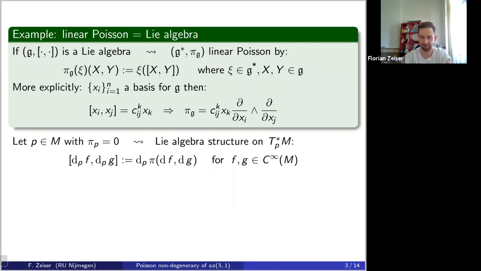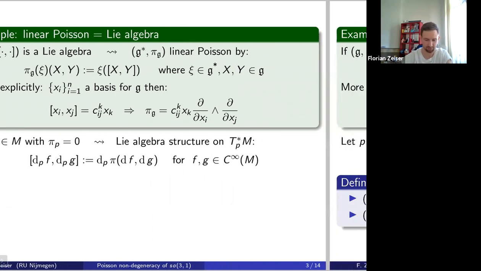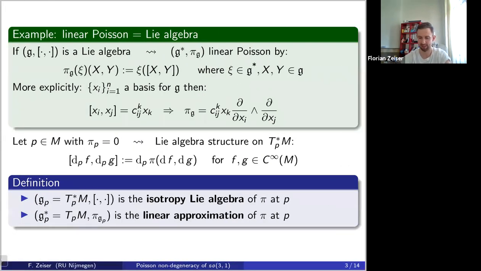It defines a Lie algebra structure on the cotangent space of that point, and this Lie algebra is called the isotropy Lie algebra of π at the point p. As we have seen in the example above, we can associate to a Lie algebra a linear Poisson structure on the dual, in this case the tangent space. This associated Poisson structure is called the linear approximation of π at the point.